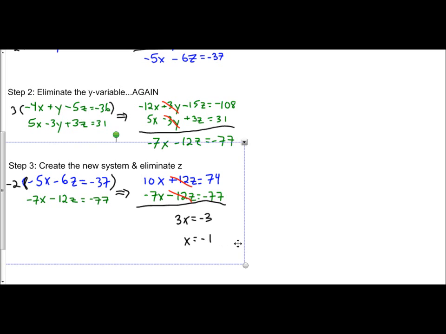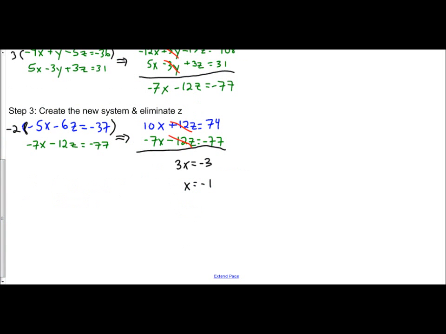But now I have x. Well, if I have x, what I can do is plug it in to one of these two equations and solve for z. And so step 4 is substitute in to find z.